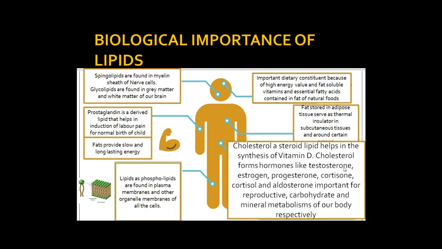Cholesterol, a steroid lipid, helps in synthesis of vitamin D. Cholesterol forms hormones like testosterone, estrogen, progesterone, cortisone, cortisol, and aldosterone, which are all important for reproductive, carbohydrate, and mineral metabolisms of our body, respectively.